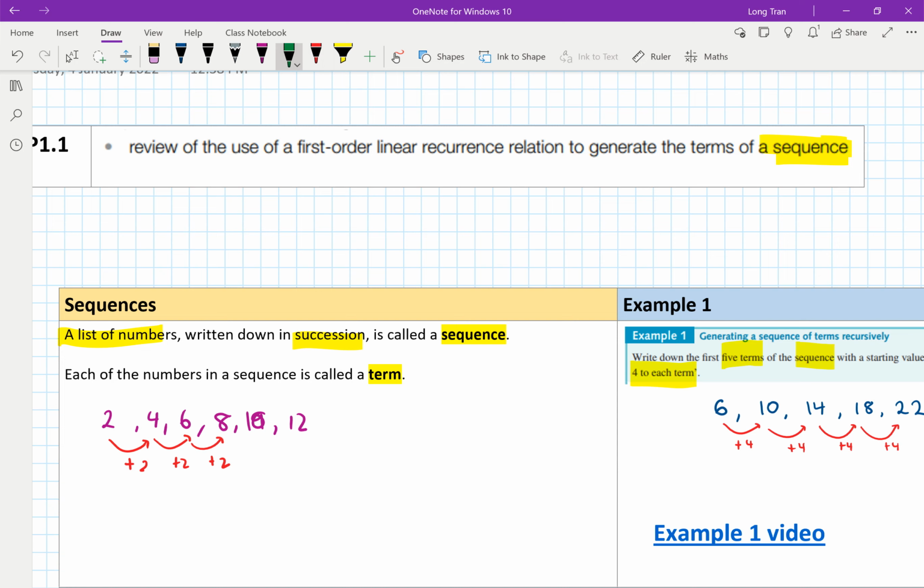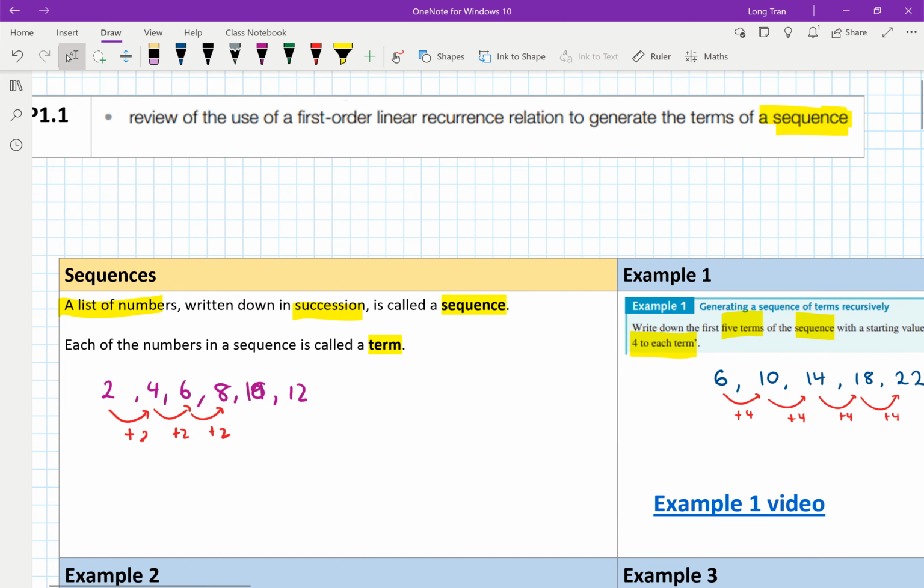In the sequence, each of these numbers are called terms. Okay, and they usually give it what they call the nth term. What it means is there has to be a starting number. Starting number, they usually call it the n0. So n0, because that's telling you that's the very first, like patient 0. Essentially patient 0, the very first person.